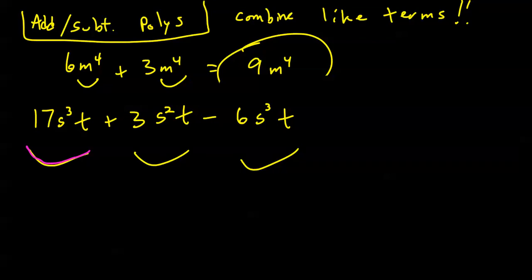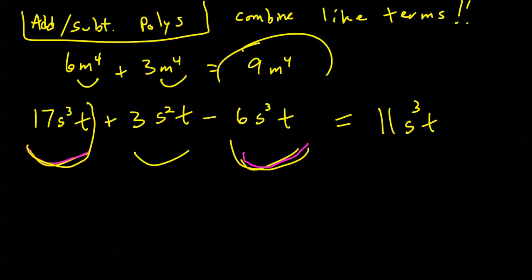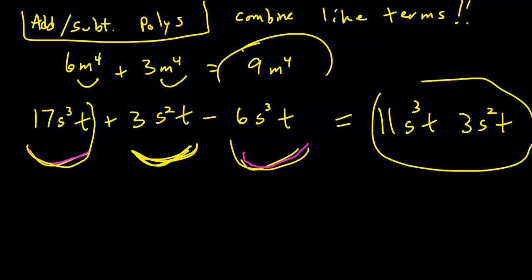The like terms are the ones where the variables are the same and the exponents are the same. So the s cubed t terms can be combined by adding or subtracting the coefficients indicated. 17 s cubed t minus 6 s cubed t leads me to an 11 s cubed t term. Notice this middle term doesn't combine with anything, so I've got to list it in my final answer. This is as simple as we can get for that expression combining the two like terms.